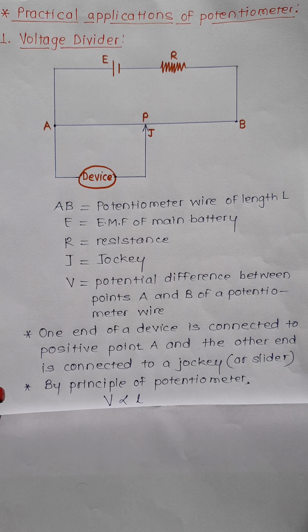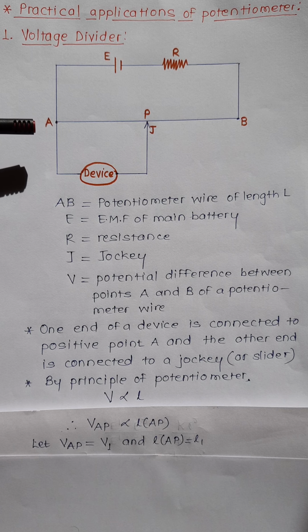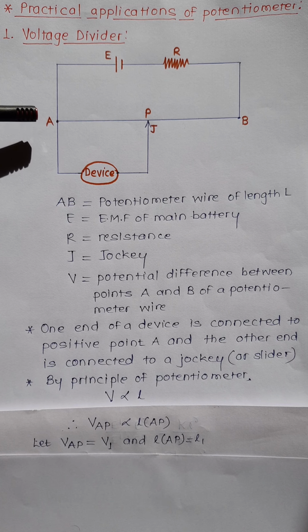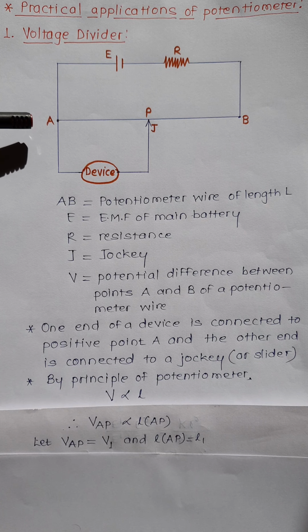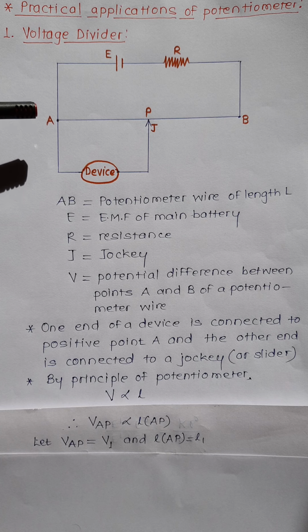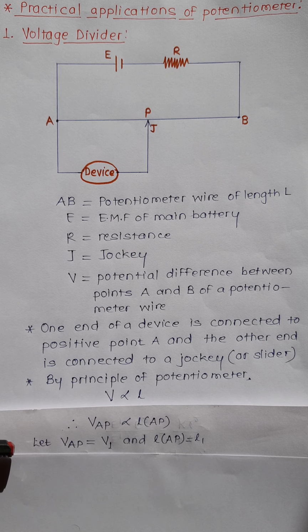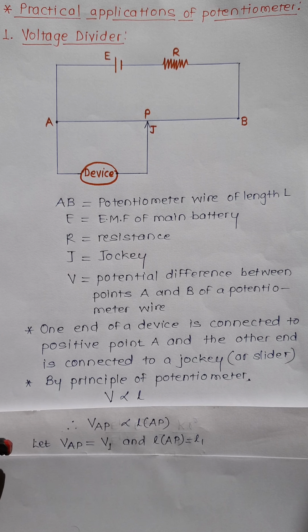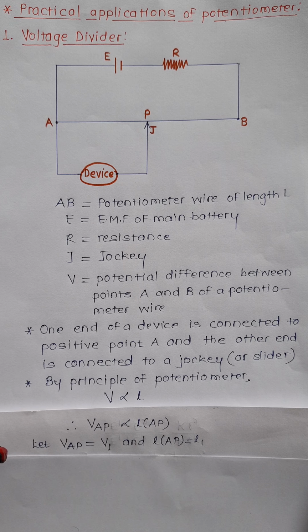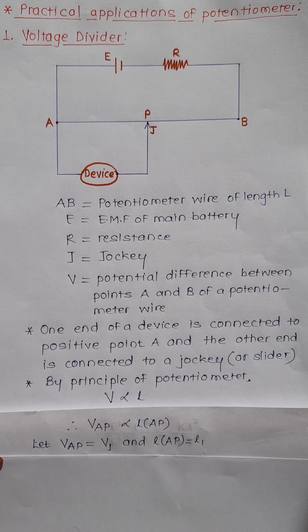Now by the principle of potentiometer, V is directly proportional to L, that is, the potential difference between points A and P of the wire is directly proportional to the length of wire between points A and P. Therefore we can write V_AP is equal to V1 and the length between AP is equal to L1.